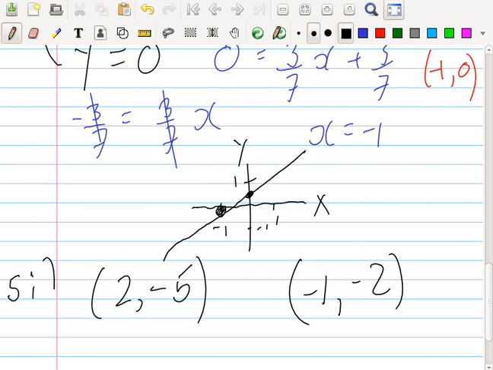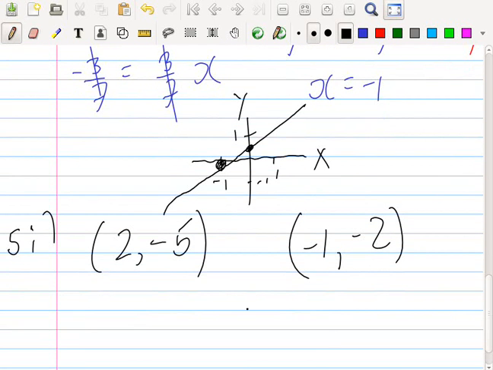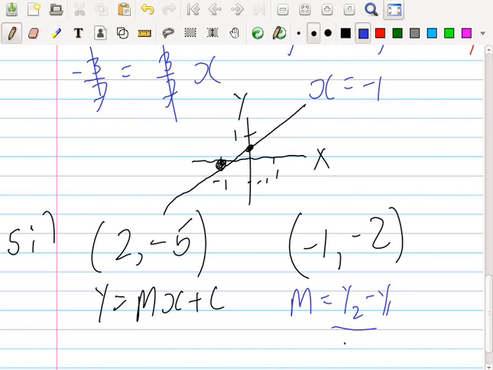And I want you to find the equation of the line that joins these 2 points. So really I'm asking you to find the m and the c. Now the m is fine because we actually have a formula for m. The formula for m is y2 minus y1 over x2 minus x1.